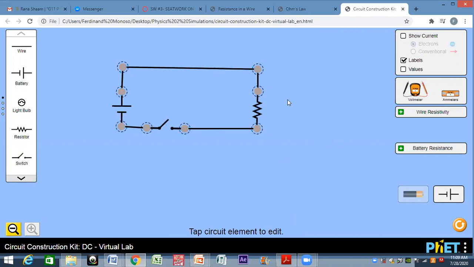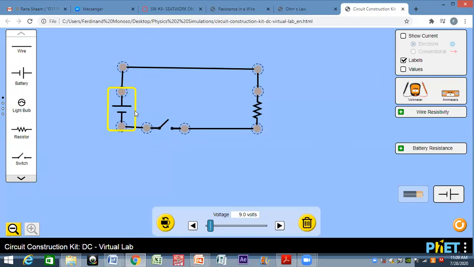So it's merely the dots, the connections. Sometimes we call these dots the nodes. Now, when we turn on our circuit, let's say we start out with our battery. Let's provide it with some 12 volts. Let's make it 22 volts.